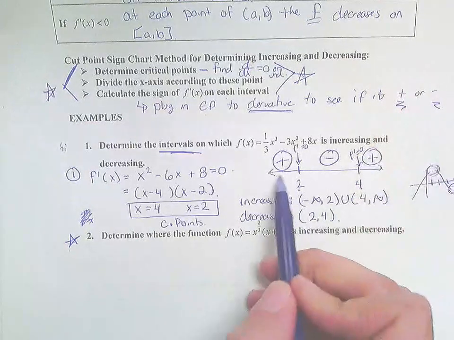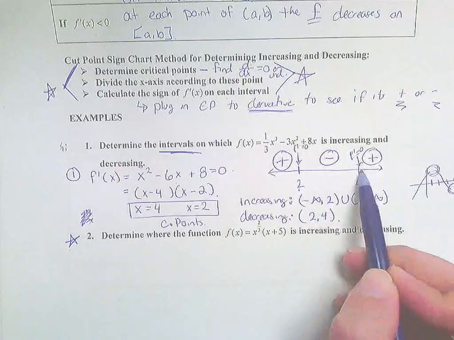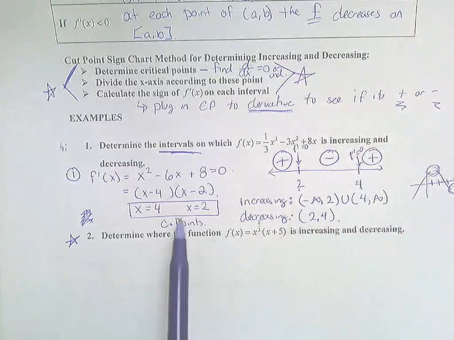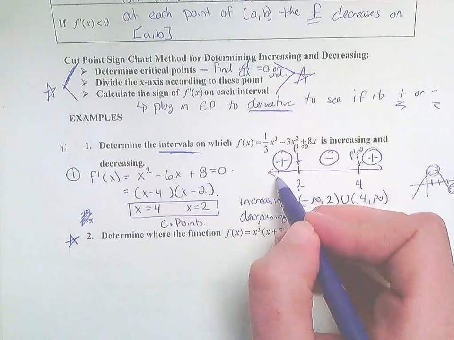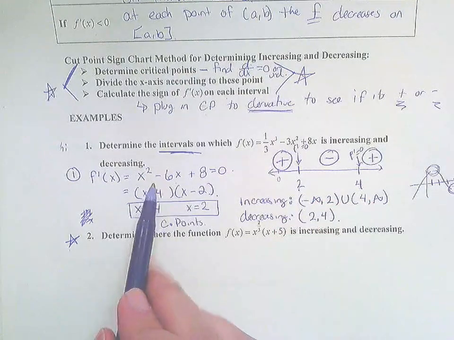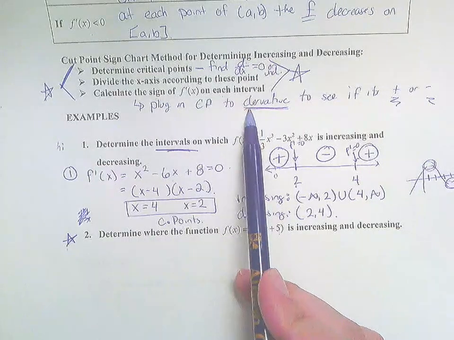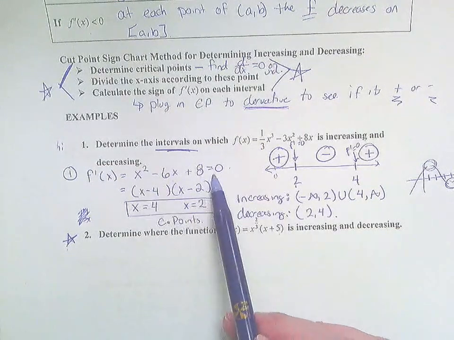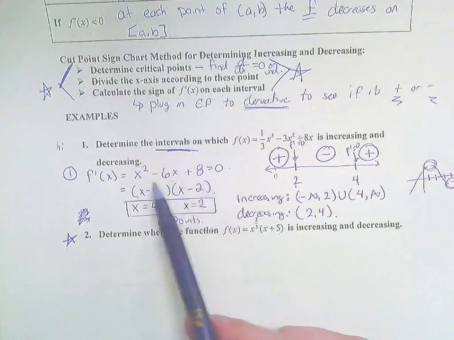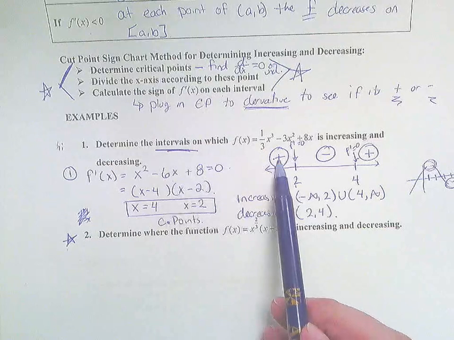The question is what's happening before that 0, after that 0, before this 0, and after this 0. So what we did is we picked a number. In this case we picked 0. We plugged it back into the derivative because I want to see what the derivative is. When you plug in 0, it's 0 minus 0 plus 8, that's positive.